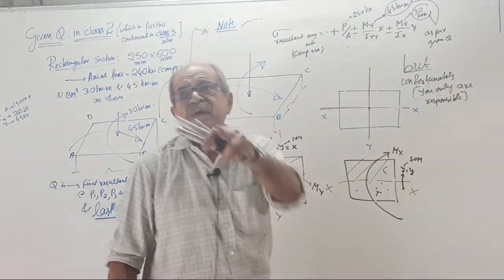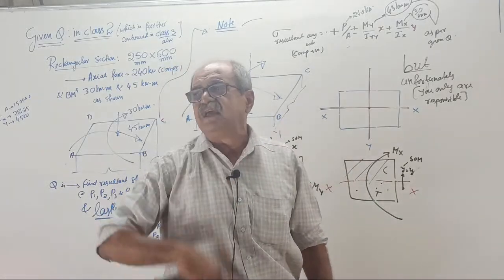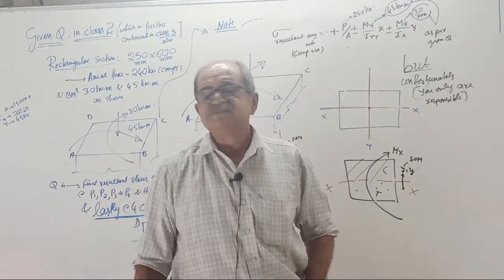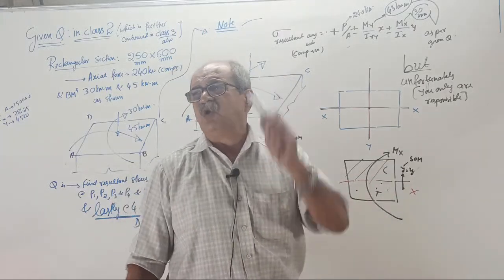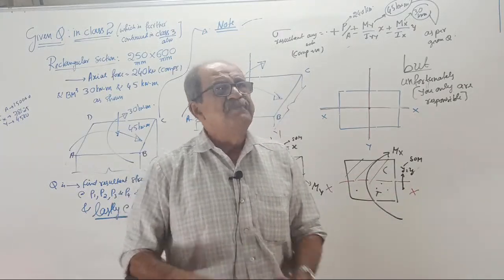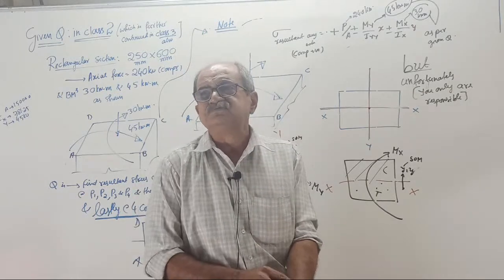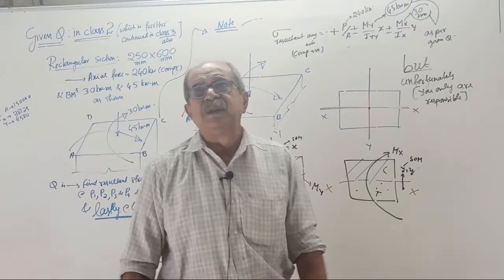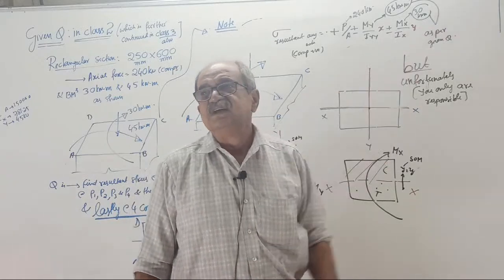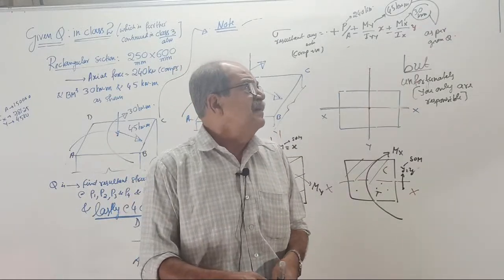But if you make the mistake, it is called a technical mistake. See, I am very harsh. I can make mistakes, no problem. So many times I make deliberate mistakes that you will not be able to find out. That I will tell you afterwards.